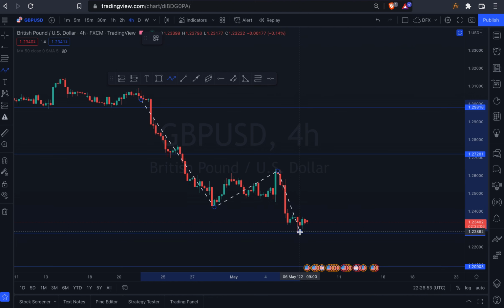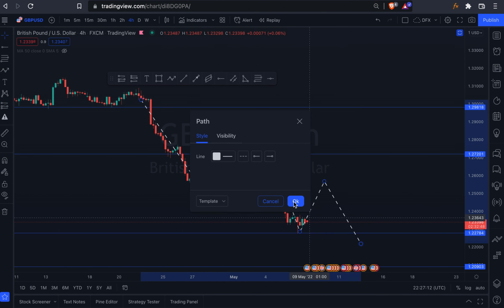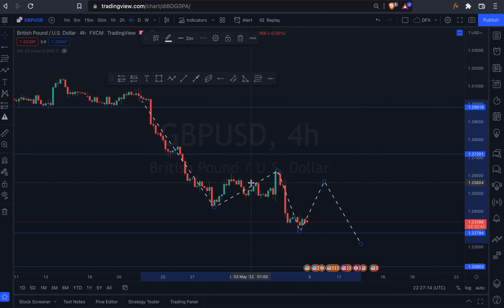So now I believe strongly that price is about to create a lower high, probably in this zone, and go to more sells, because it's very bearish. And we're not looking to buy anytime soon. So let's just consider this whole area.